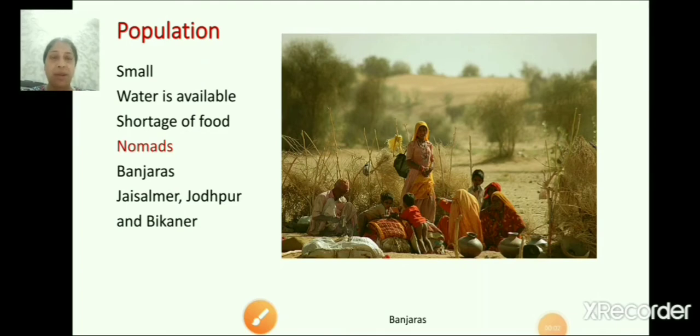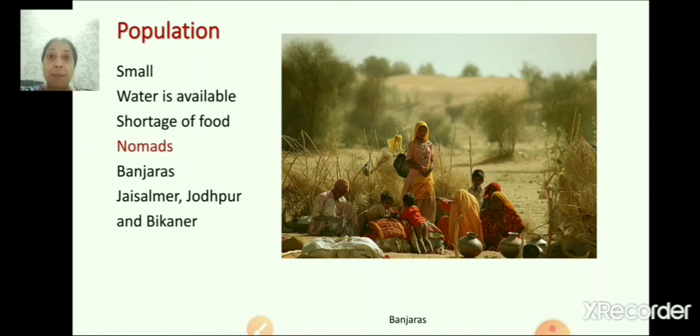Next is population. So children, the land in the desert area is dry. Very good. So do you think that the population in the desert area will be more? No, isn't it? The population in the desert area is small, and most villages in deserts come up around places where water is available.